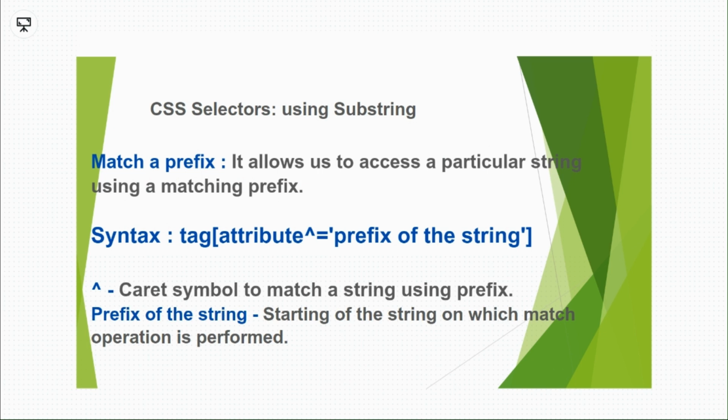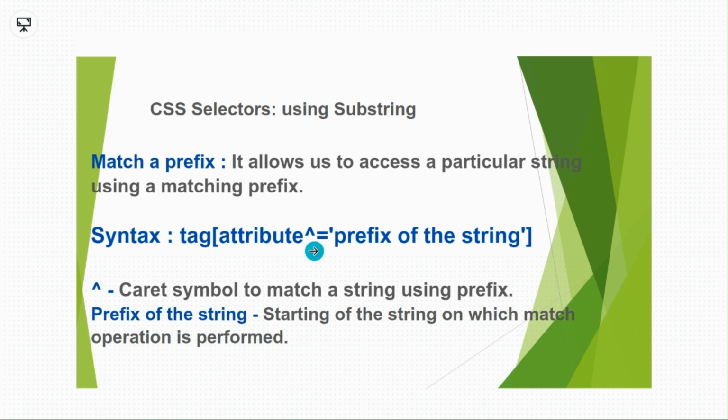So let's discuss what is match a prefix. Match a prefix allows us to access a particular string using a matching prefix. And this is the syntax for this one. It starts with the tag name, square bracket, attribute, and this symbol. This symbol is called the caret symbol.